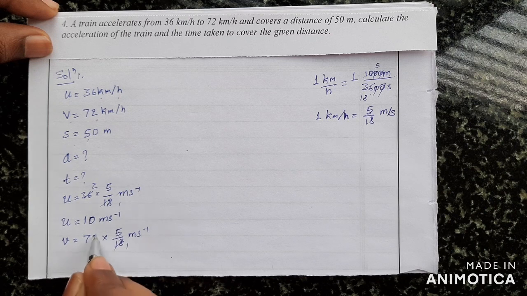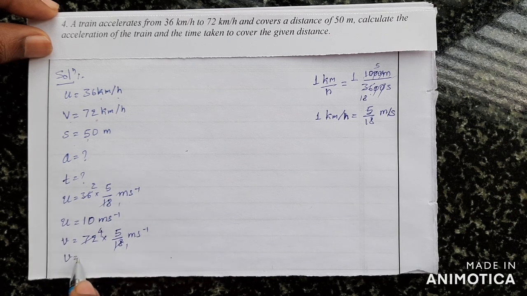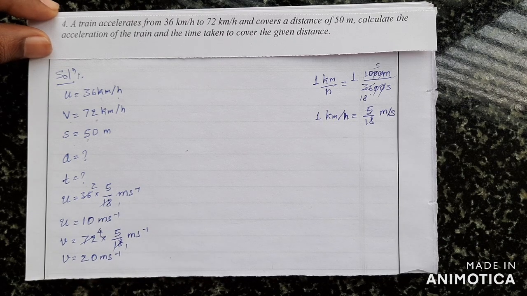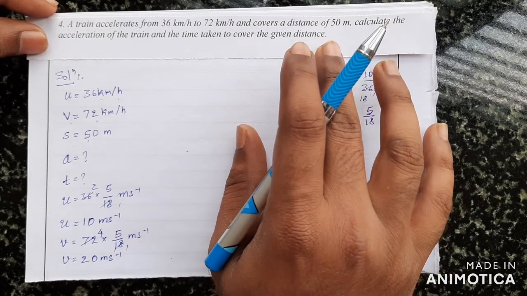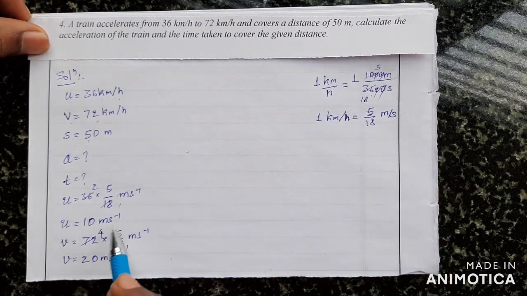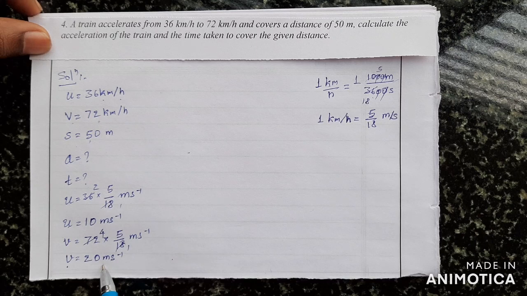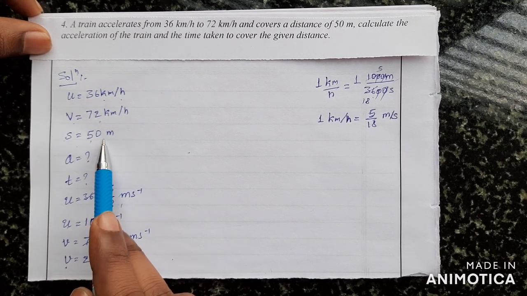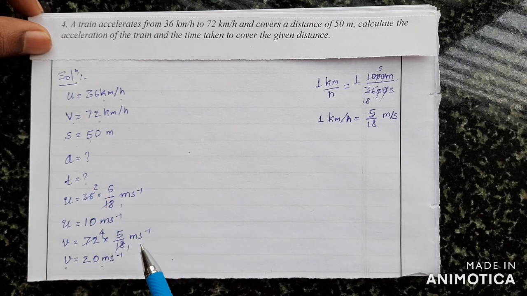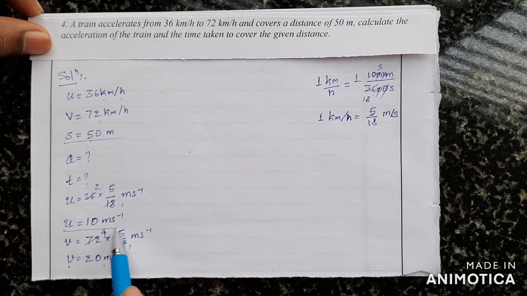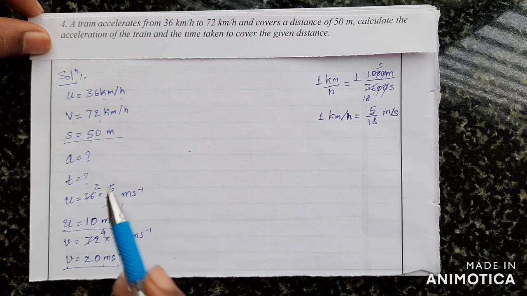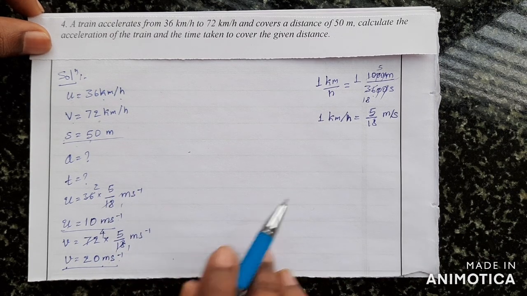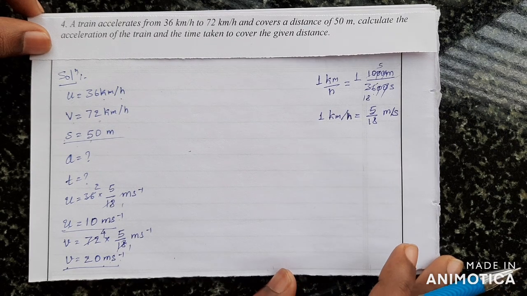Once again, 18 ones are 18, 18 fours are 72. So v is 4 5s are 20 meter per second. Now we have u in meter per second, v in meter per second, s in meters. All the factors are in a common set of units.